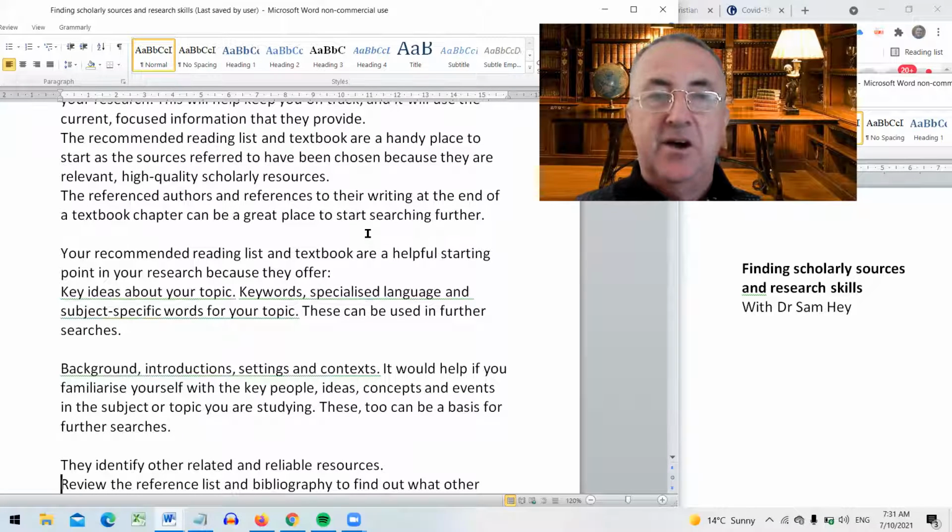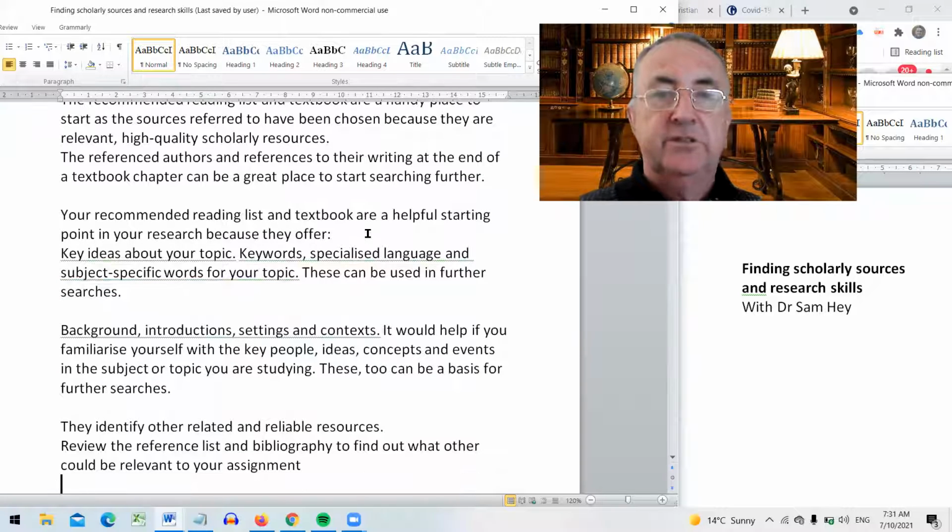And at the end of each lesson or at the end of each chapter in your textbook, you'll often find that there are other relevant high quality scholarly resources that are referred to, and this will keep you on track looking at the scholarly resources that are relevant to the subject that you are looking at.